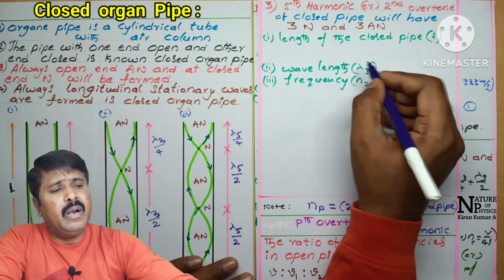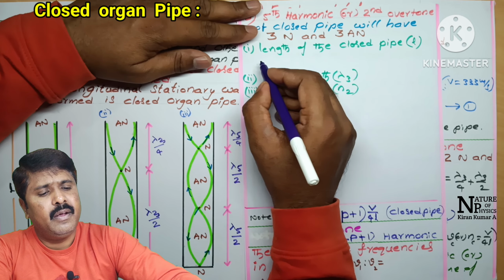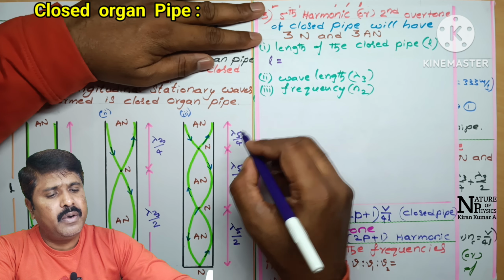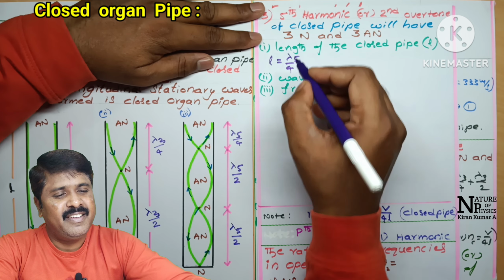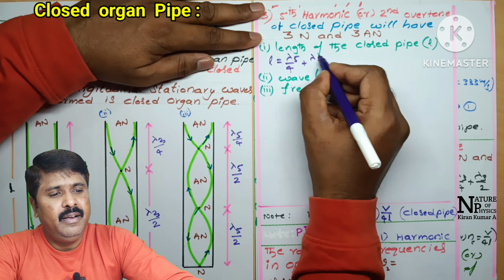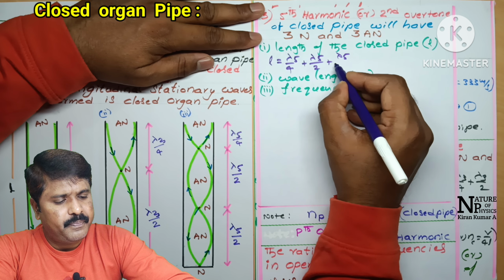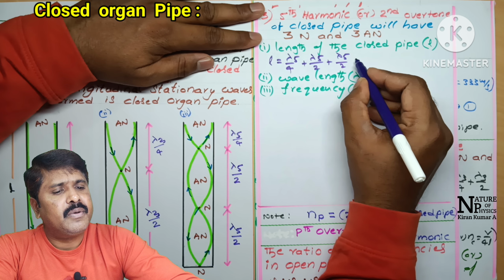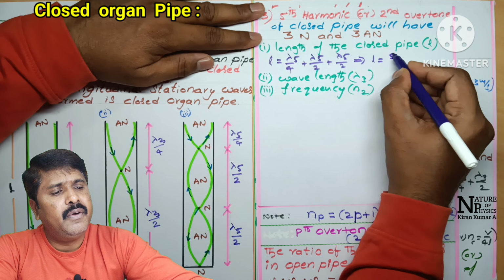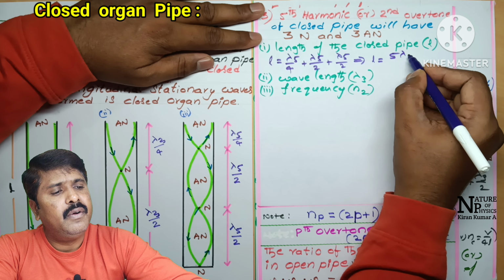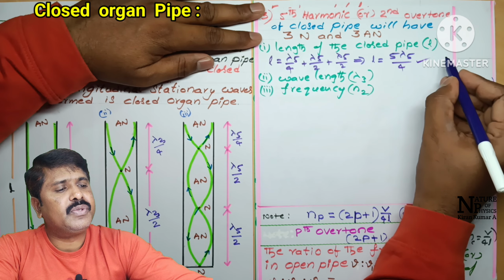Okay student, so the length of the pipe L is equal to lambda 5 by 4 plus lambda 5 by 2 plus lambda 5 by 2. So L is equal to, multiplying and dividing, 5 lambda 5 divided by 4. I got the length, student.